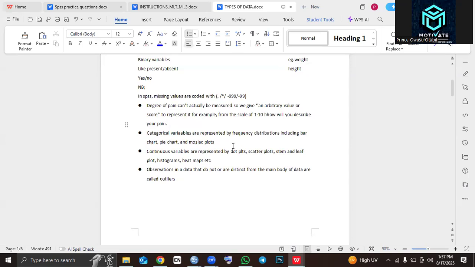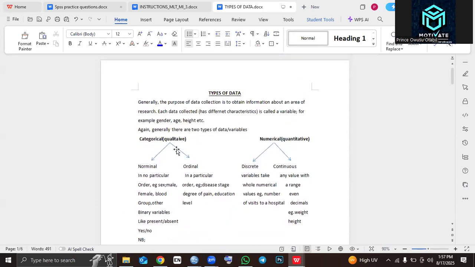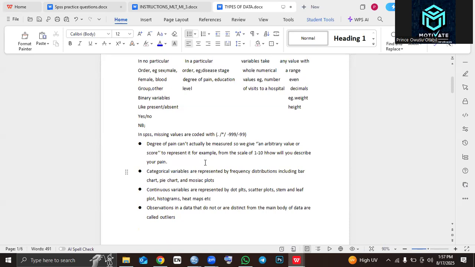Moving on. Other categorical variables are represented by frequency distributions. Now, categorical variables can be represented in SPSS with a pie chart, a mosaic plot, or a bar chart. Let me come again.